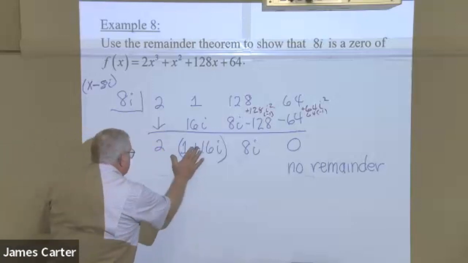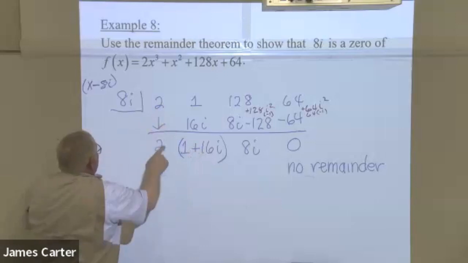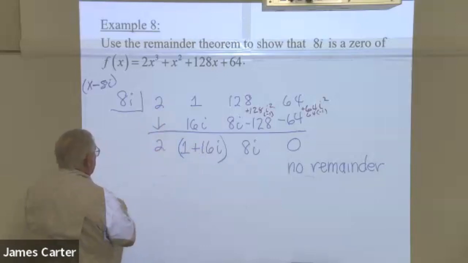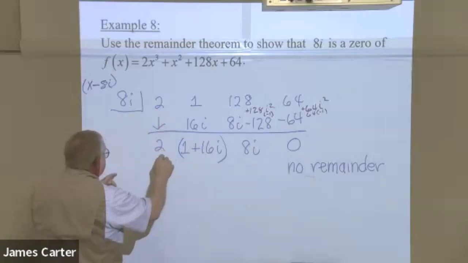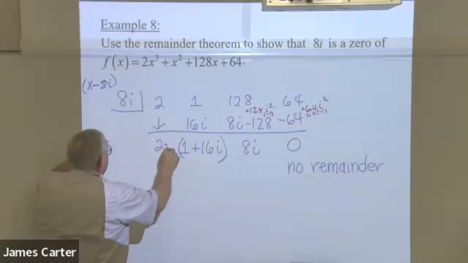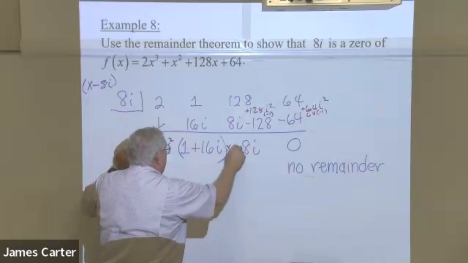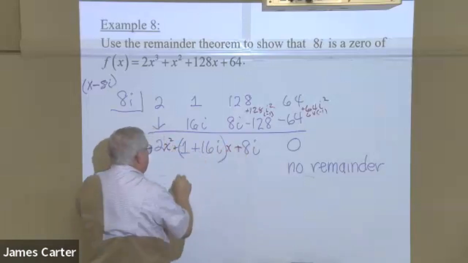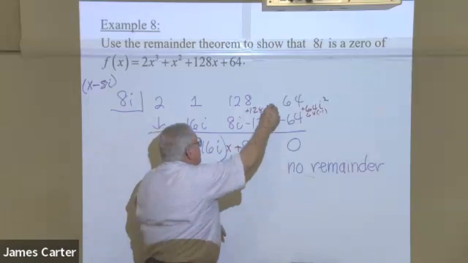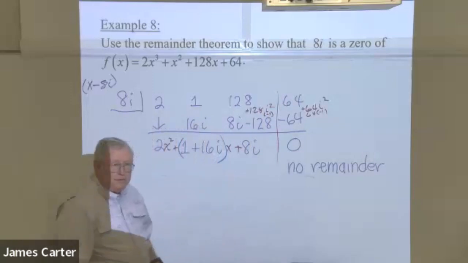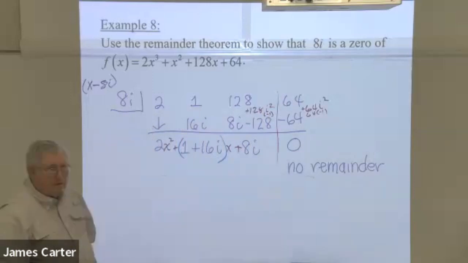Okay, we got this. Now, this is 1 degree reduced. I'm going to erase this in a moment, but this would be 2x squared, and this would be x here plus that. And of course, this is the remainder. Okay.